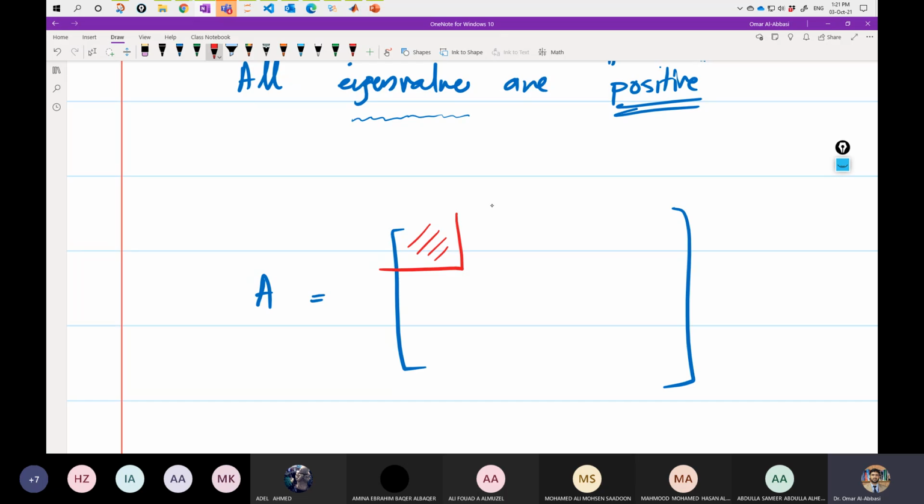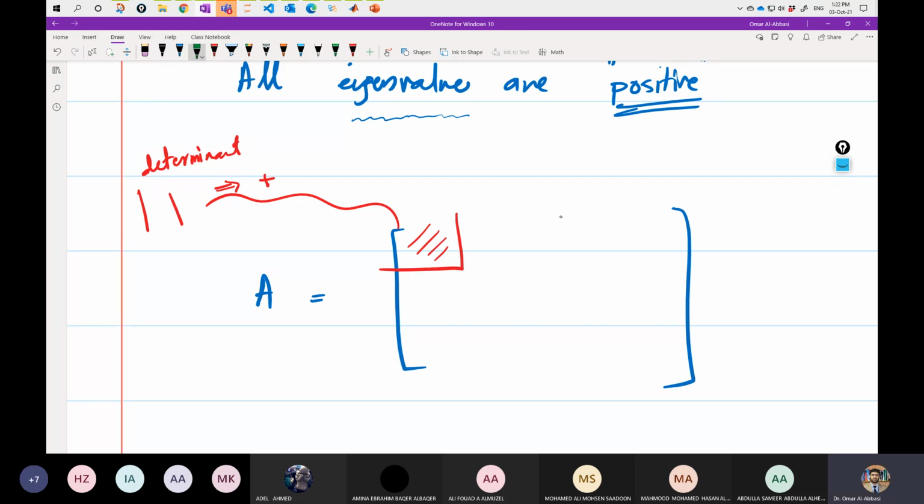We need to find the determinant. If you remember, this was the symbol for determinant. We need to find the determinant for the one by one, and it must be positive. Okay.